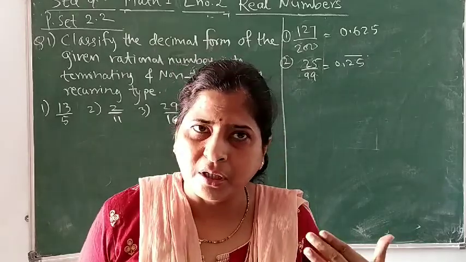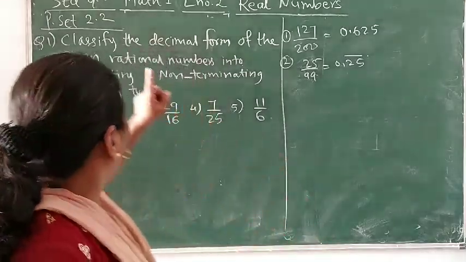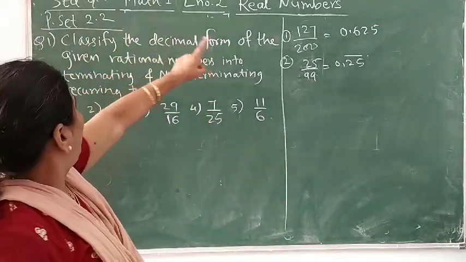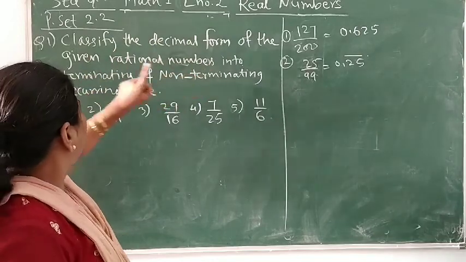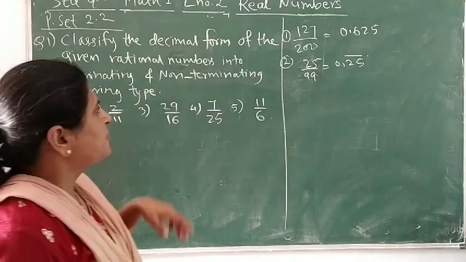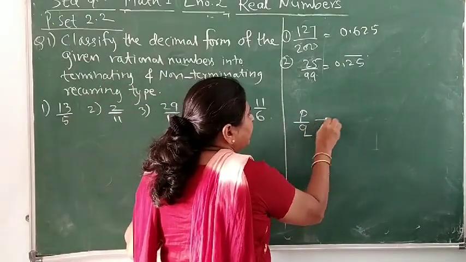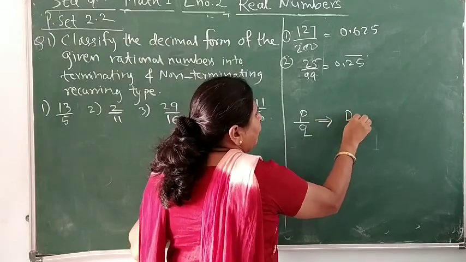Now in question number 1, it is given that we have to classify the decimal form of the given rational numbers into terminating or non-terminating type. Whenever we have a rational number in p upon q form, we can convert it into decimal form, correct?